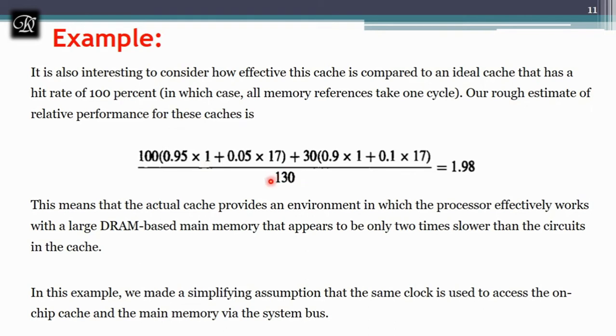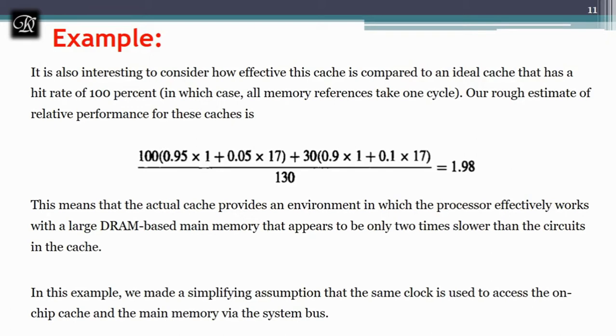Here we are considering that all the 130 instructions are available in the cache, and we are getting all those on the processor, and the remaining with the cache, from the same data: 100 instructions with 0.95 and 30 instructions with 0.9.